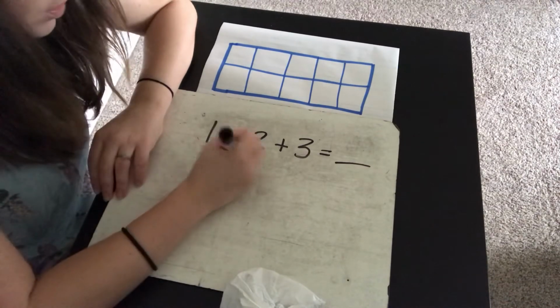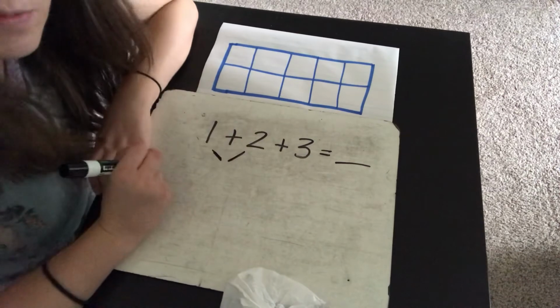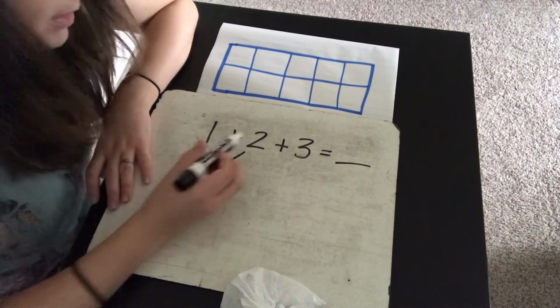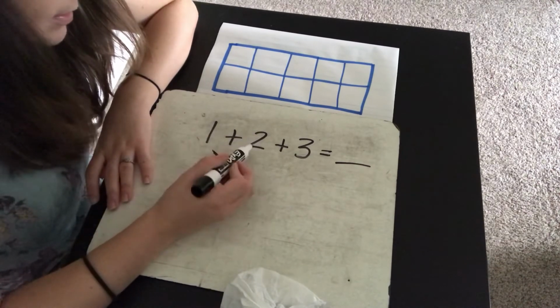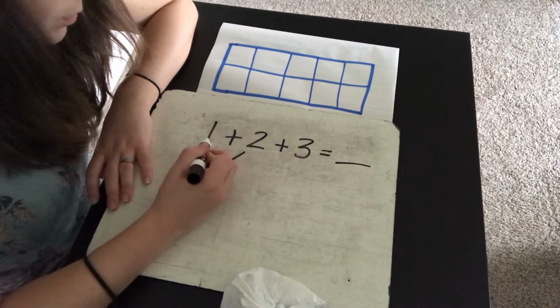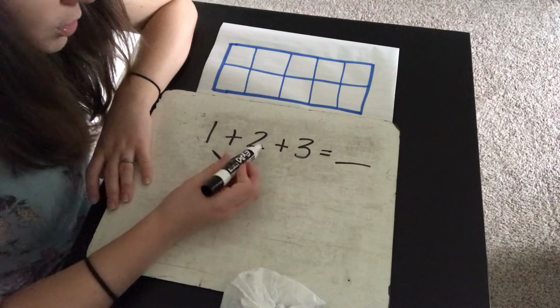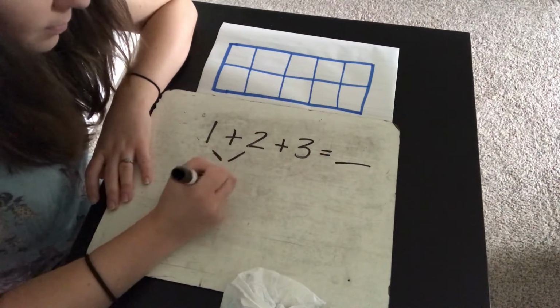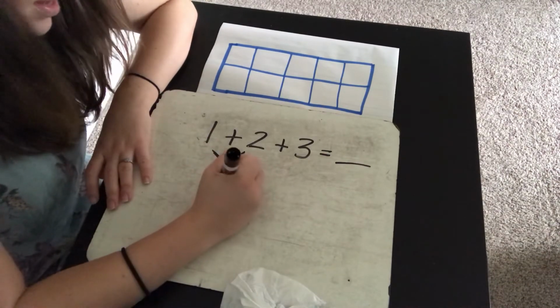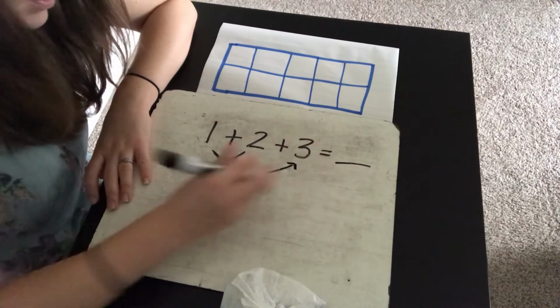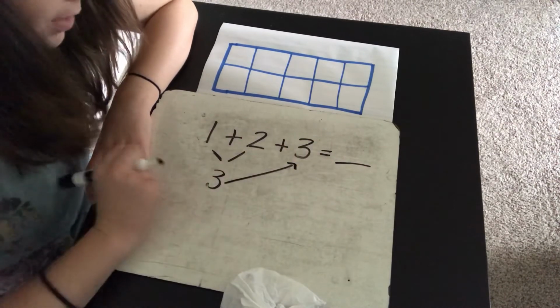Well, I know 1 and 2. What does 1 plus 2 equal, or 2 plus 1? No matter which way I say it, it's still going to be the same answer, either 2 plus 1 or 1 plus 2. I know 1 plus 2 equals 3. And then I just have to add to the other add-in the number I got here.